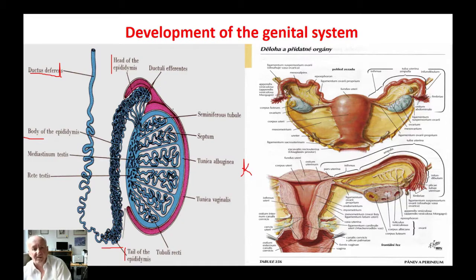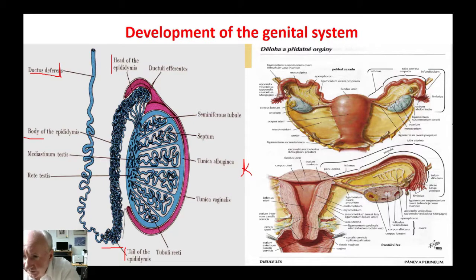So we have to come during our next part to the formation of the testes and to the male excretory, genital or reproductive passages. Female.